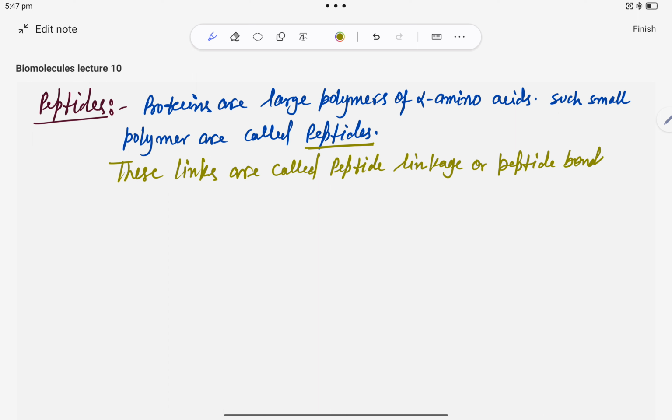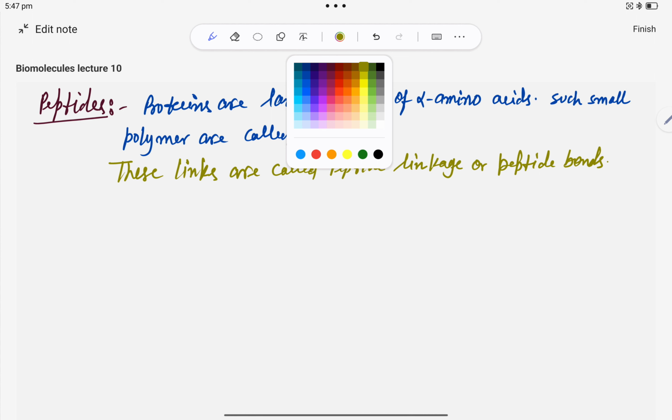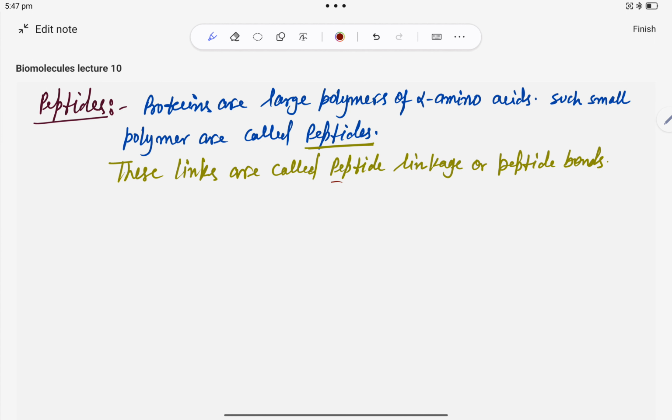From where they are connected, that is called a peptide linkage or peptide bond.